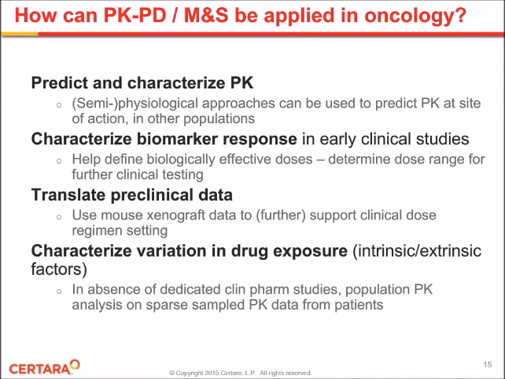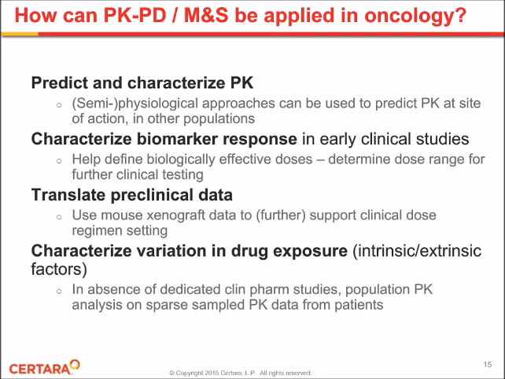Of course, oncology is a special area, but the types of modeling that can be applied are not always specific to oncology. They can also be envisaged to be applied in other types of indications. So first of here, the prediction and characterization of human PK.